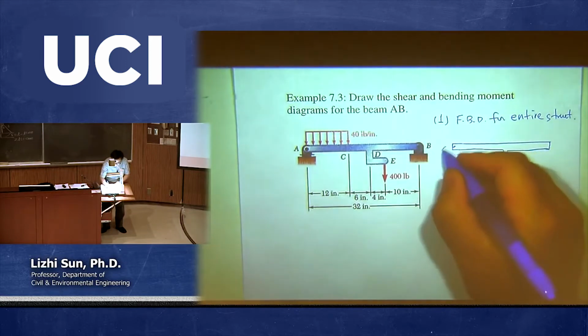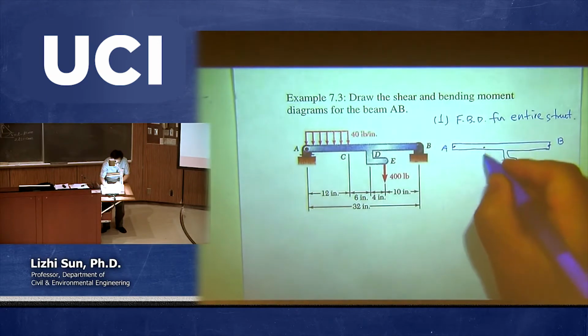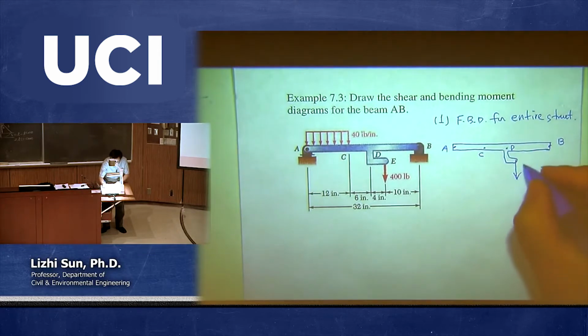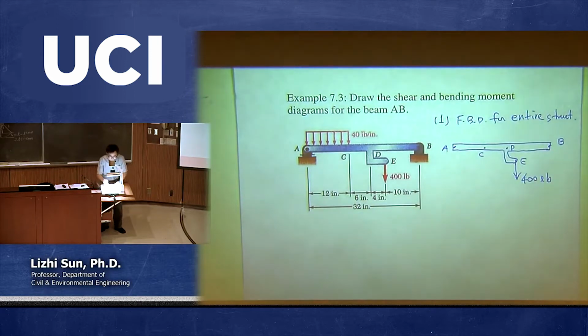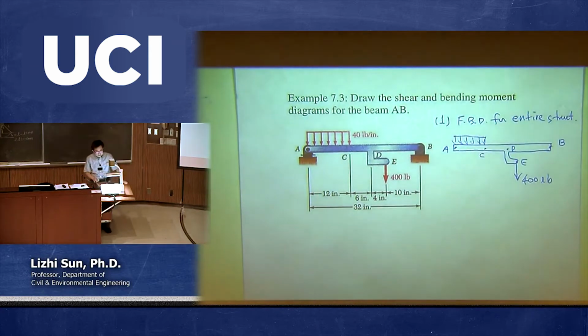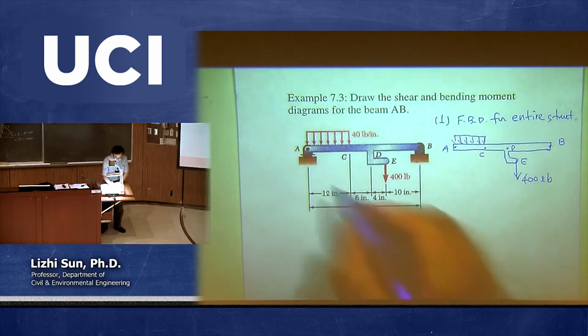This is point A, and this is point B. Here is point C, and this is point D, and we have a force acting on point E with a magnitude of 400 pounds. In addition, we have a uniform distributed load acting between A and C. Okay, so this is the rigid body with applied forces applied on it.